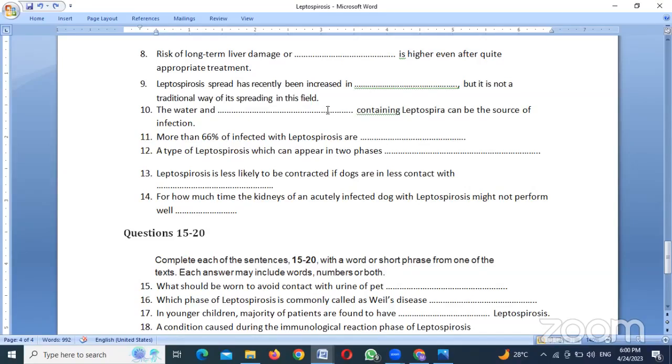Sir, I think maybe in text A, we can find it. Text A? Yes, I think so. Okay, what are your keywords? Sir, it's spreading, but it's not a traditional way it's spreading. Something that is not traditional but is causing more spread.